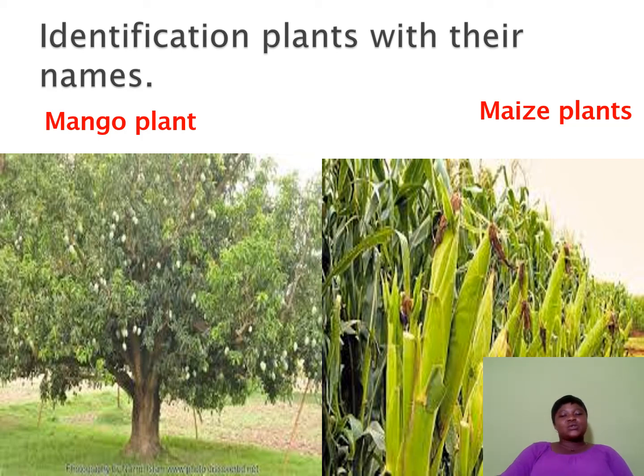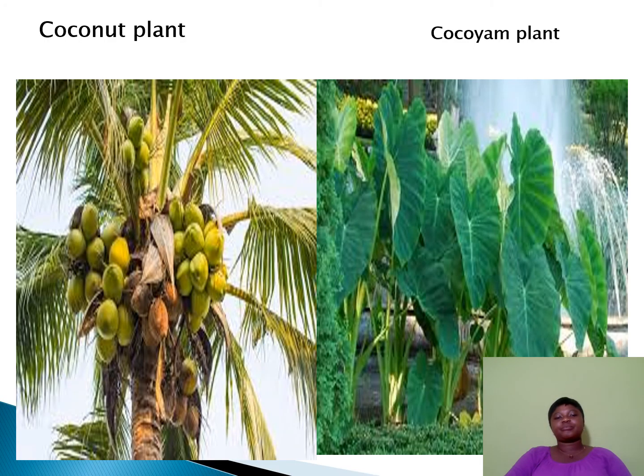So this is a big mango plant. And the next one is what? A maize plant. Again, it's a maize plant. Good. And the next one, we have what here? Can you identify these plants with the fruits it's bearing? Coconut plant, all of you.